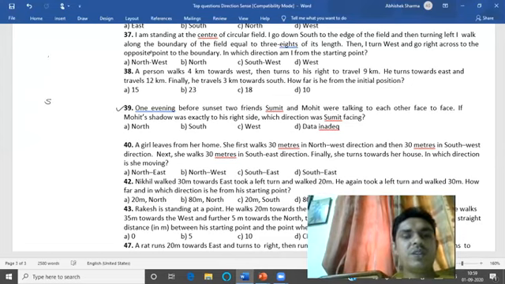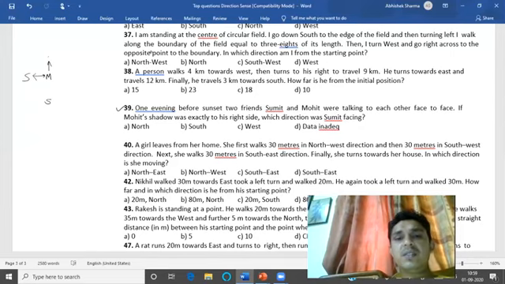So we are removing this from here. He's saying that on one evening before sunset, two friends, Sumit and Mohit, were talking to each other. If Mohit's shadow was exactly to the right side, so this will be Mohit and Sumit. Therefore, the shadow of Mohit will be right side.